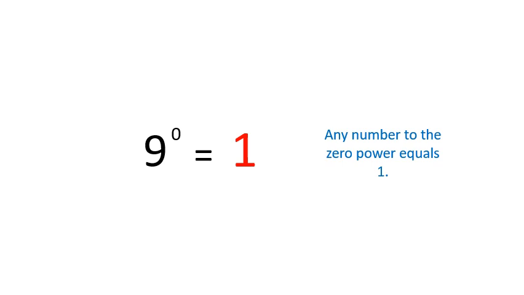Because any number to the 0 power equals 1, 9 to the 0 power equals 1.